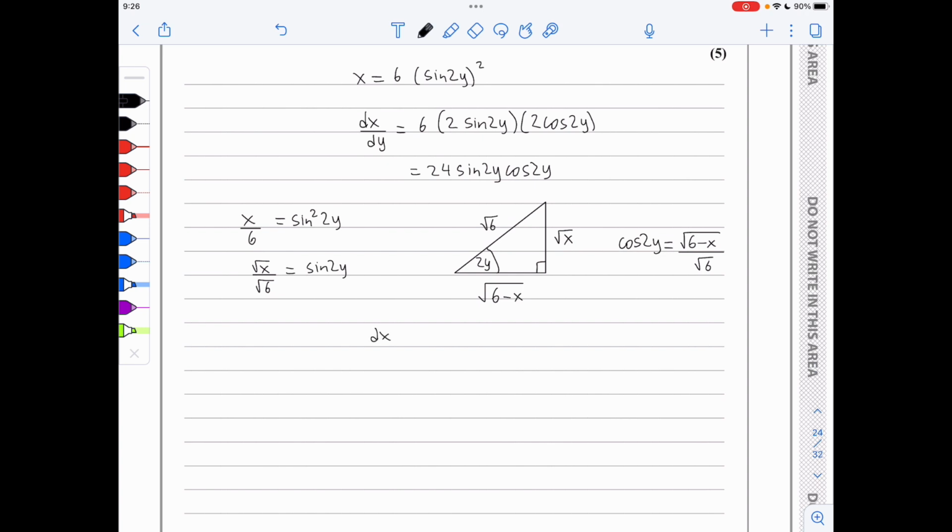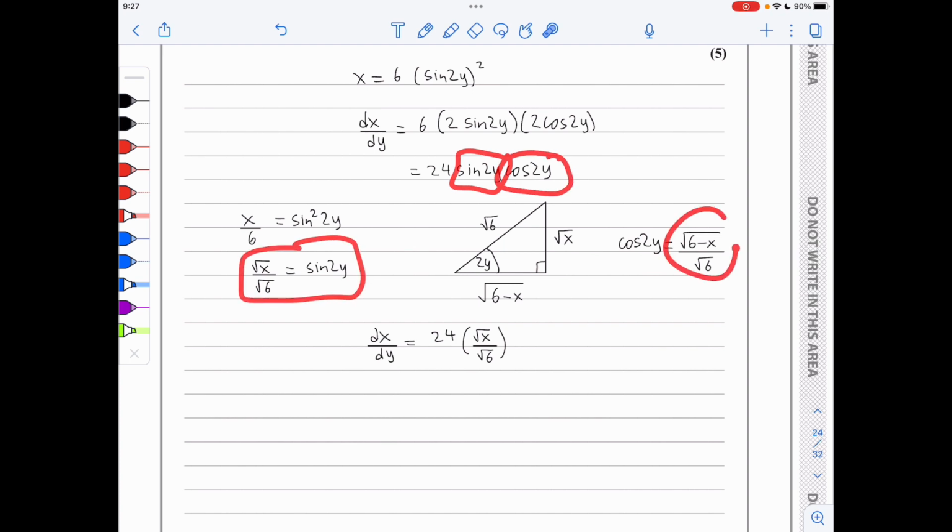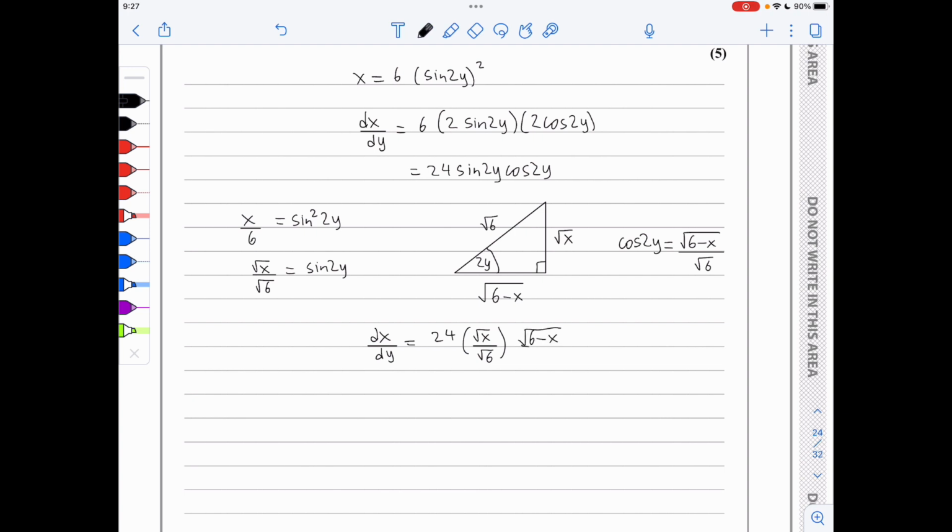So dx/dy will be 24 times root x over root 6. This is the sine of 2y from here, times the cos of 2y, which we just found to be root of (6 minus x) over root 6.